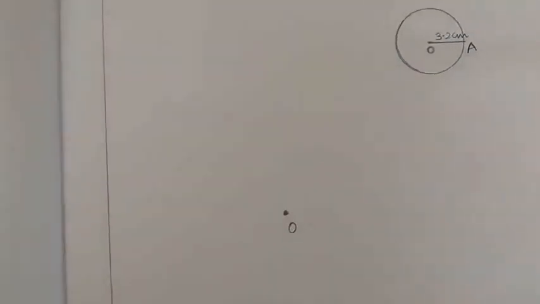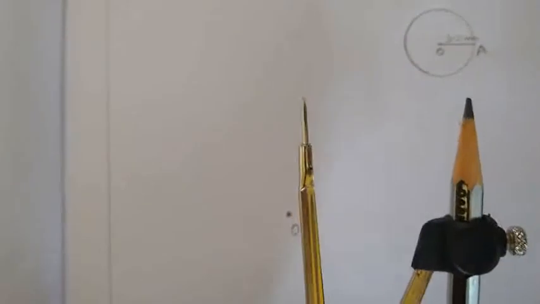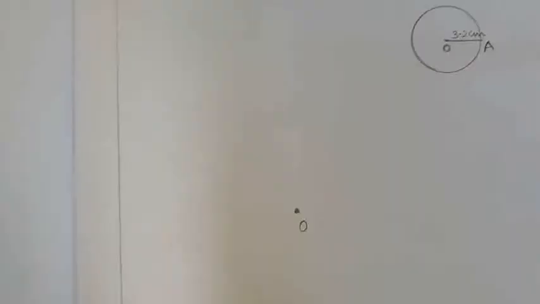So take a compass. This is a compass. Here this is its pencil and this one is the pointer. Now, before keeping the pointer on O, let's take the measurement.